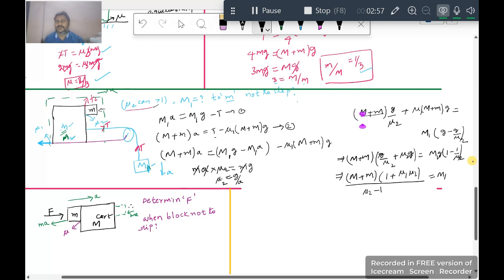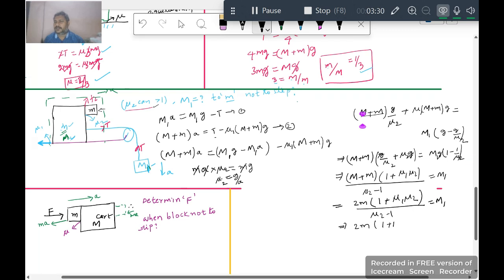So now suppose these two blocks are same mass. Then that is equal to 2m into 1 plus mu1 mu2 by mu2 minus 1 is equal to m1. Both are same mu's. So that equal to 2m, same mass and same mu, same coefficient of friction.